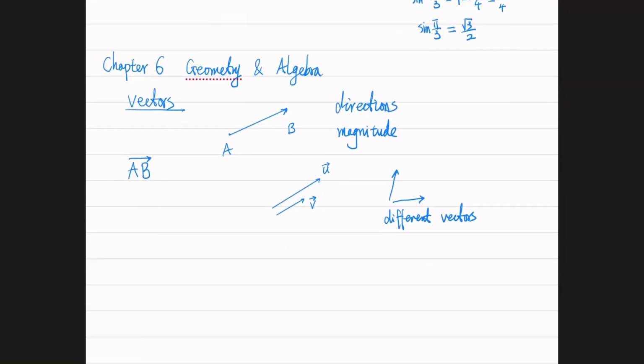Now two vectors, A, B and P, Q. If they have the same direction and the same magnitude, then the two vectors are equal.